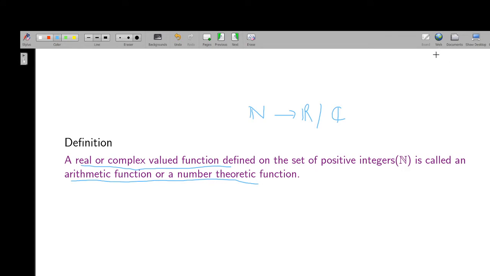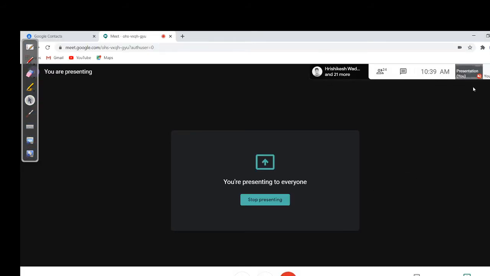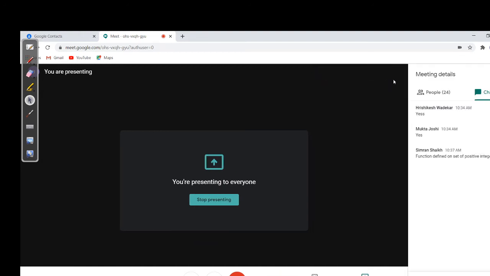You just need a function that goes from N to R or C.